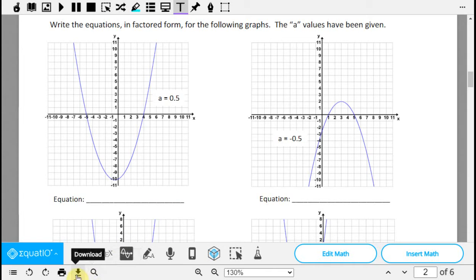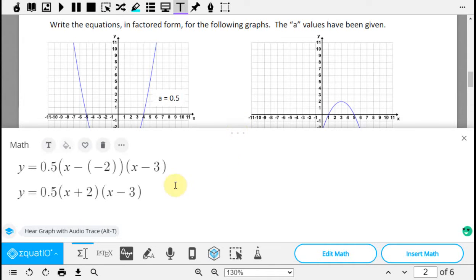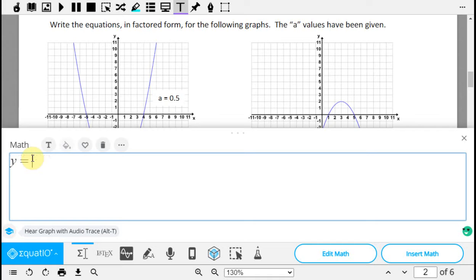So doing this next equation here, and these have the a values for us. y equals a, 0.5, x, the first 0 is minus 5. So I will change the sign and put a plus 5 in here. And x minus 4. There's a positive 4 for the 0.